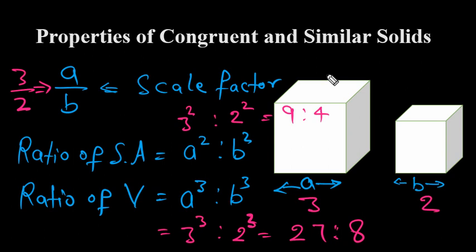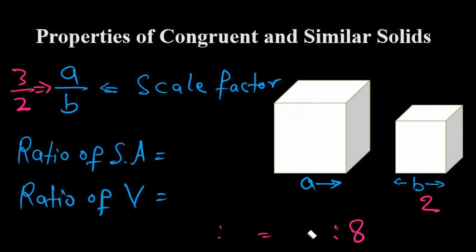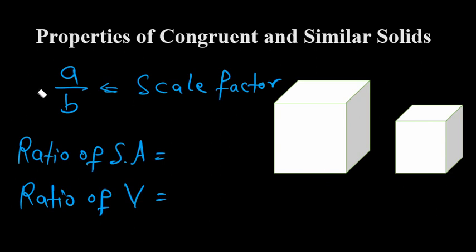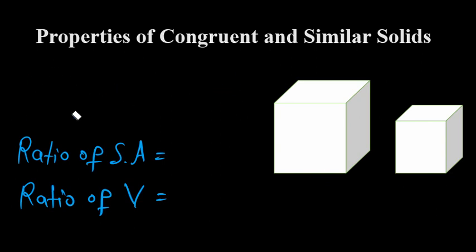Now you should also know how to do it the opposite way. For example, if in the question the surface area ratio is given, let's say 9 to 4, and it has been asked to find the ratio of height.